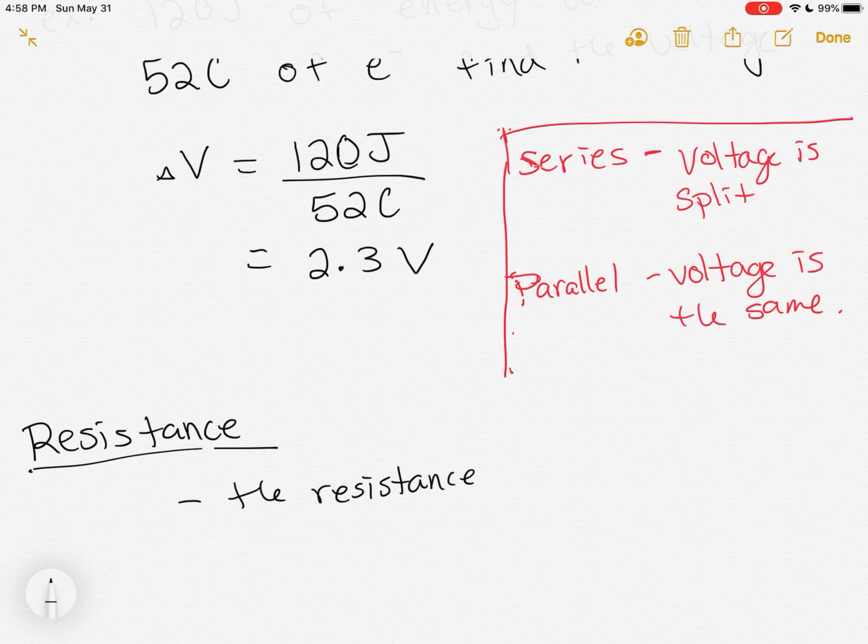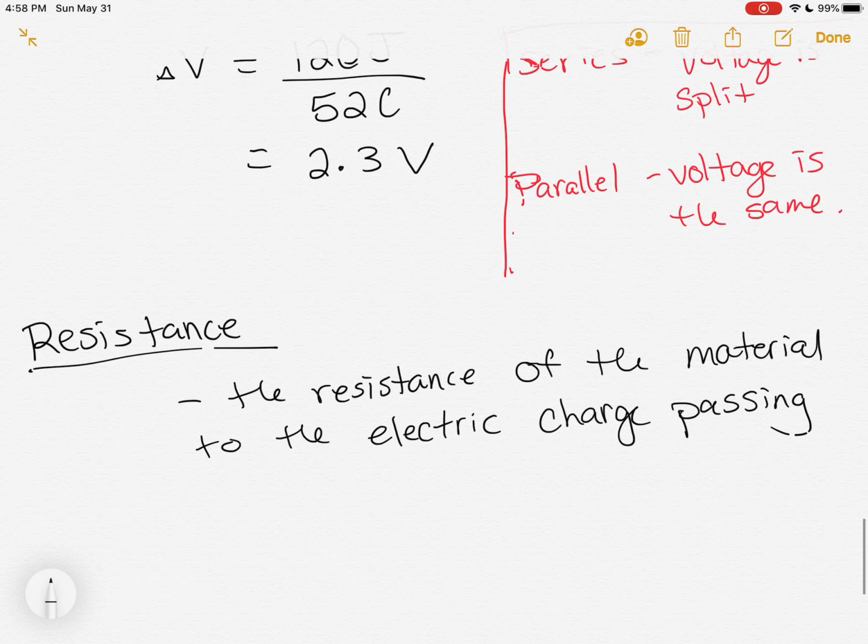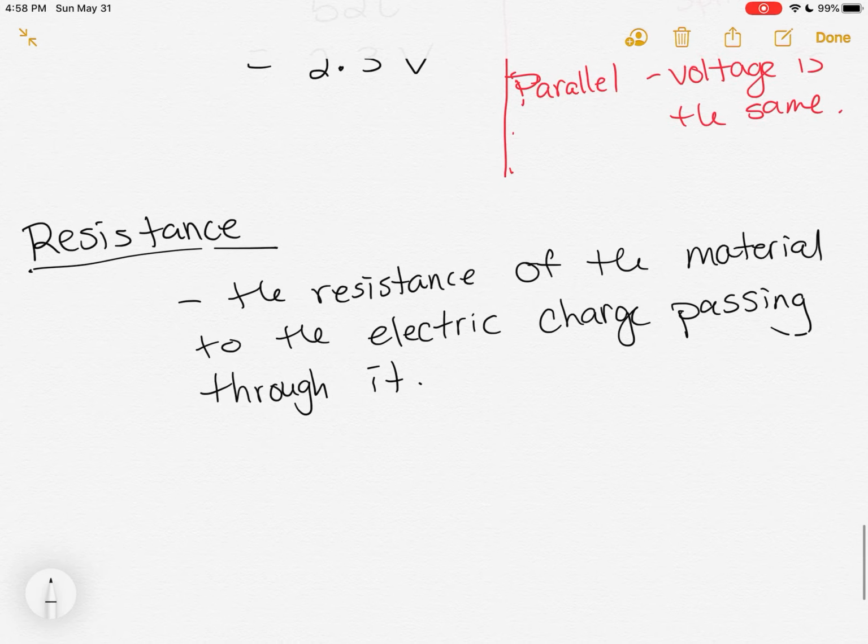Okay, so it's the resistance of the material to the electric charge passing through it. And so that means that every material is a little bit different. So different materials all have different resistances, okay? And so we use capital R to measure resistance.